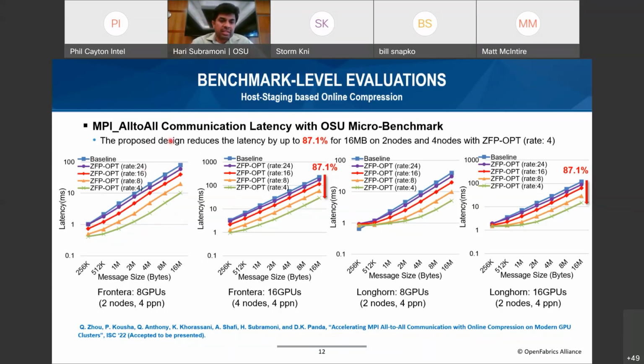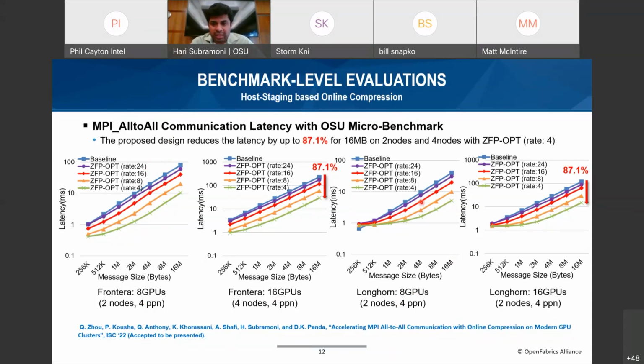This is the result at the micro benchmark level with different levels of compression on Frontera as well as Longhorn with multiple GPUs. Of course, the paper has much more detail; due to lack of space, we are not able to include all the results in the presentation.